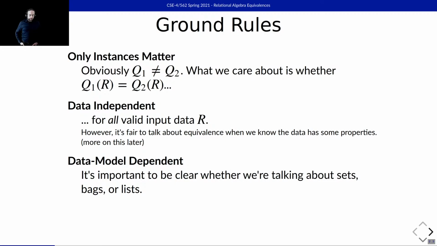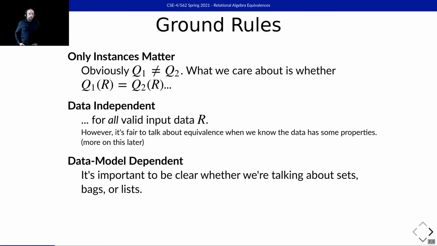The final thing we have to keep in mind is whether we're talking about sets, bags, or lists, because two queries might produce the same bag as an output, but the list they produce is going to be different.